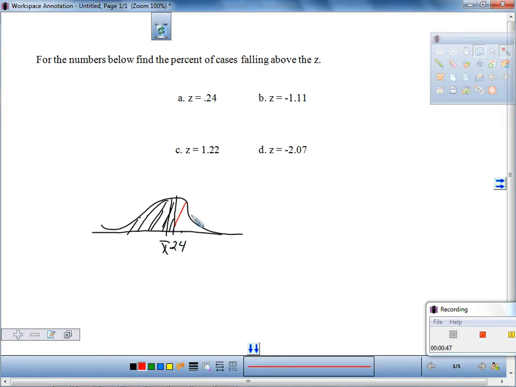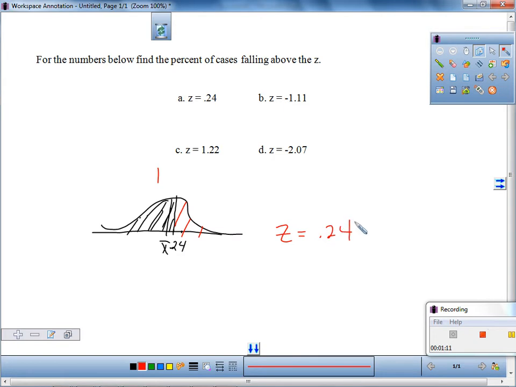We want this area, the area above it. We know the whole curve equals 1 by definition, so if we take the value that's given in the table and subtract it from 1, it'll give us the area above it.